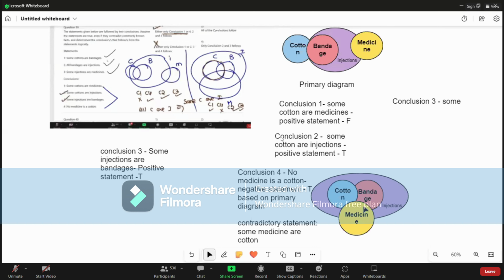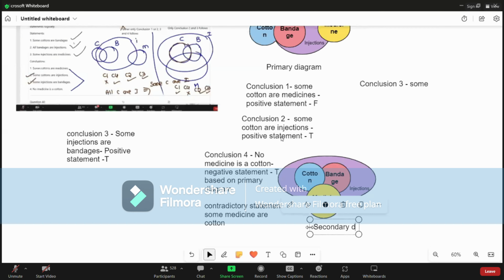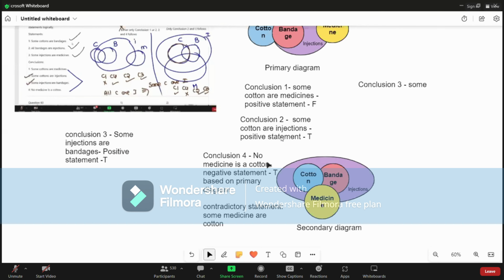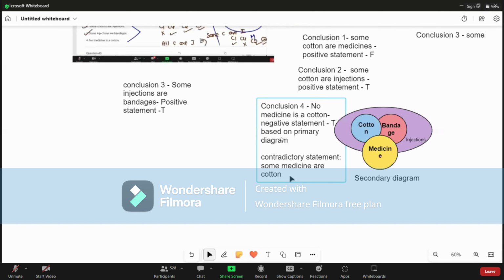So now this is the second statement. Okay, so now what do we get? Since this is the contradictory statement, we proved the contradictory statement with the help of the secondary diagram.